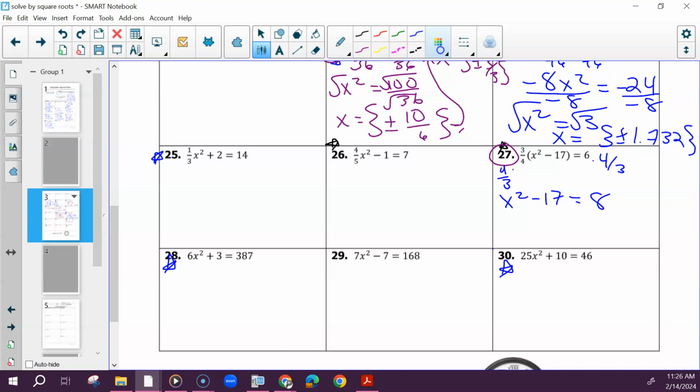And then add 17 to both sides. What is that? 24. 25. There we go. So then if we take the square root of both sides, 5. Plus or minus 5.